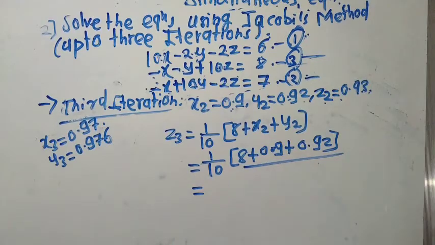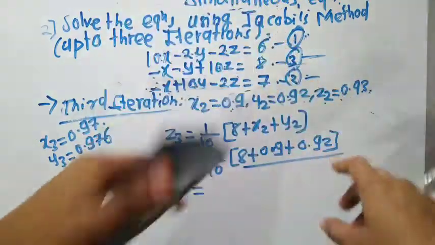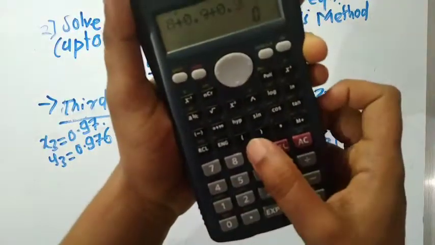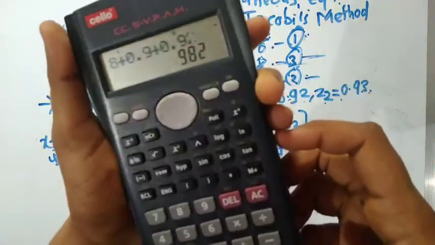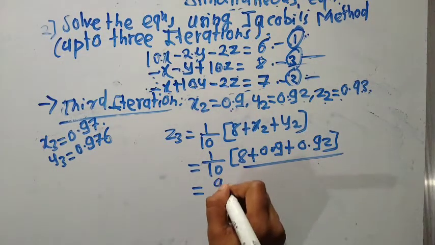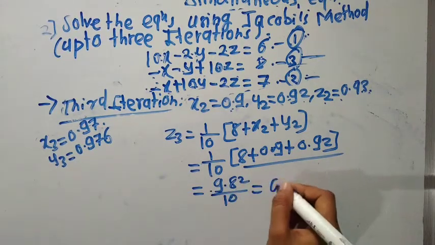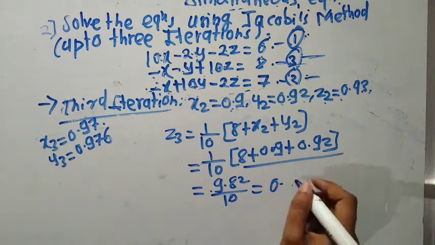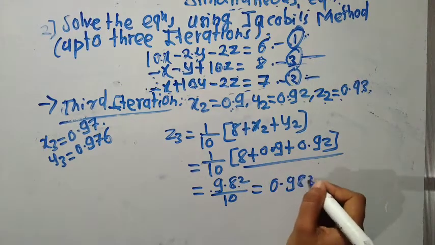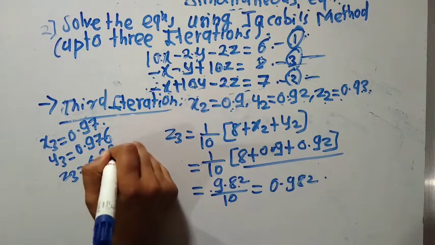So first find out its value: 8 plus 0.9 plus 0.92, which is equal to 9.82. 9.82 divided by 10 is 0.982. So z3 is equal to 0.982.